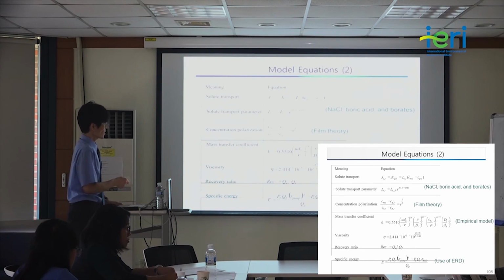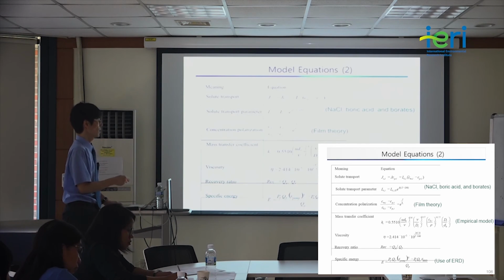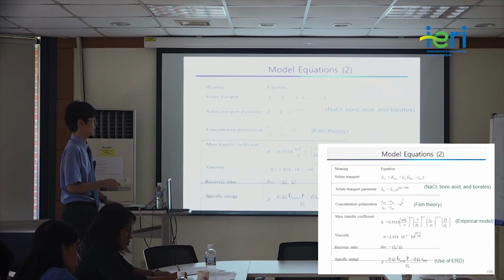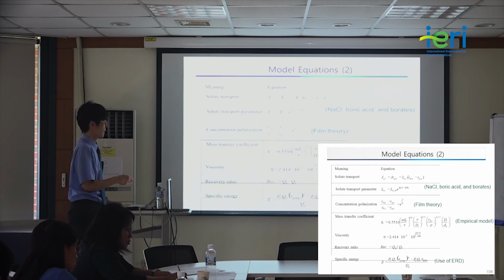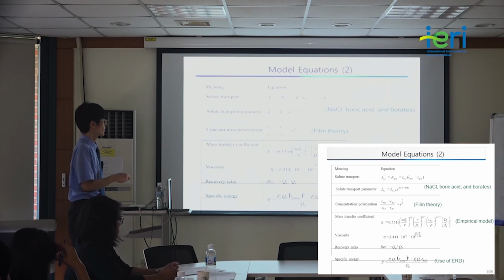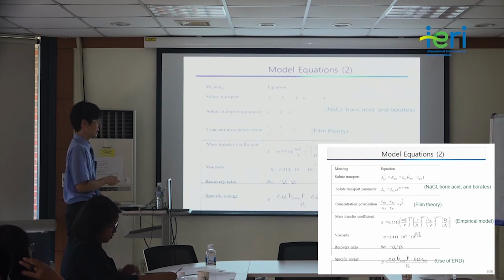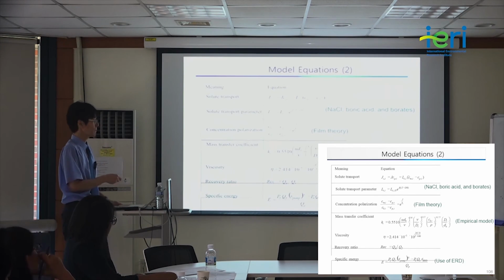And the specific energy consumption can be calculated using this equation when we use the energy recovery device. If we don't have an energy recovery device, this specific energy is simply this term without that. So this is simply PF divided by pump efficiency, which I already explained in the beginning of my lecture.